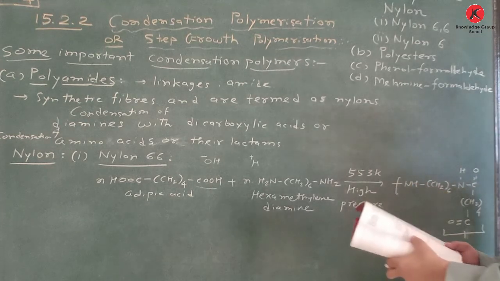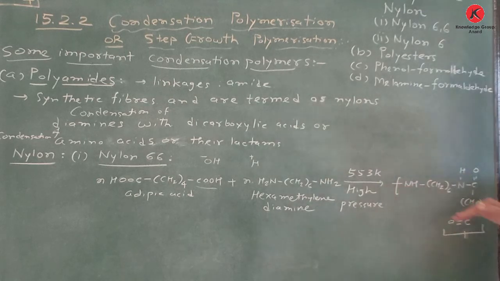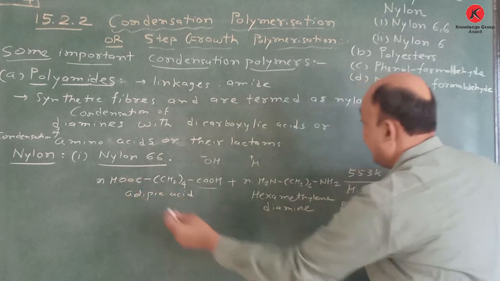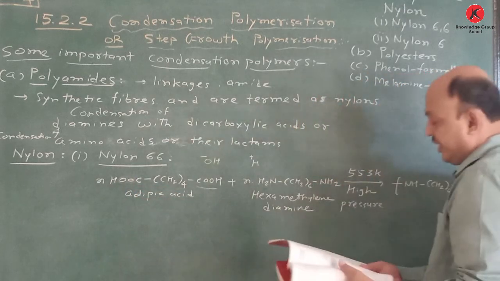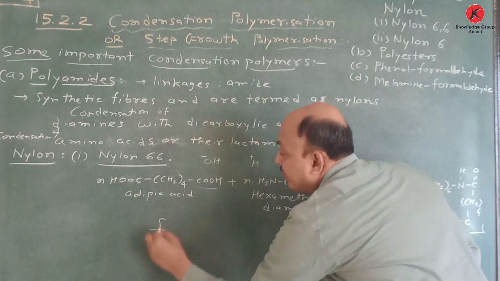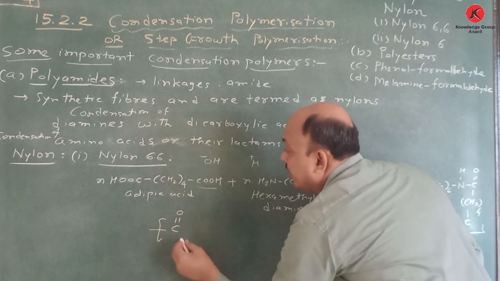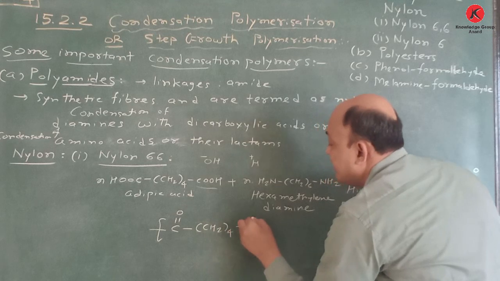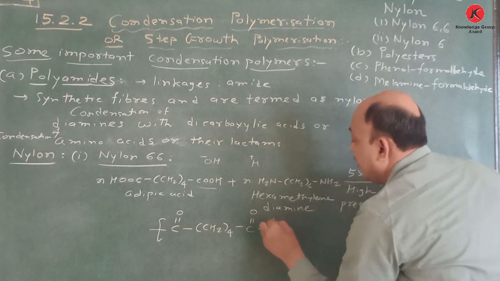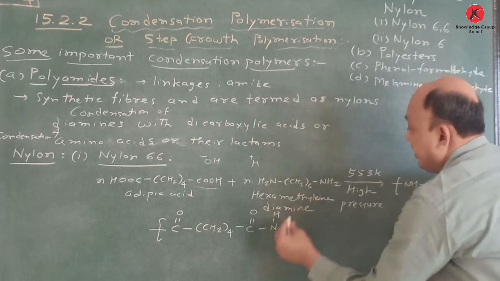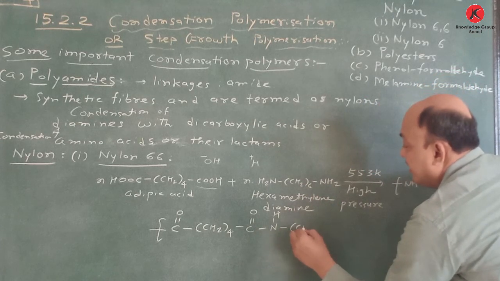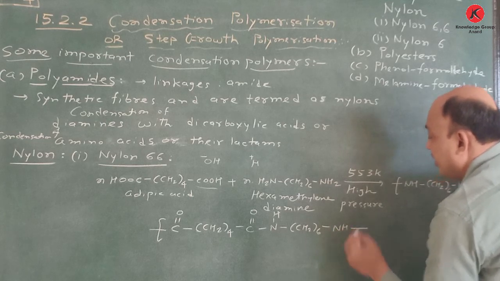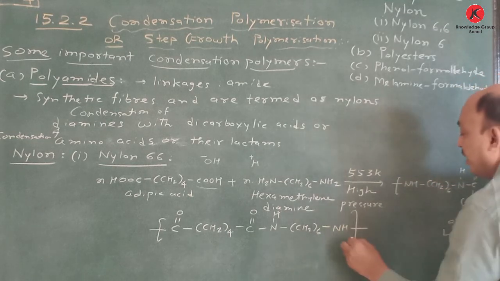So I write this once again because it is not written properly. Just see, according to this way, C double bond O, then CH2 4 times, C double bond O, NH, then CH2 6 times, NH, and n number of molecules.